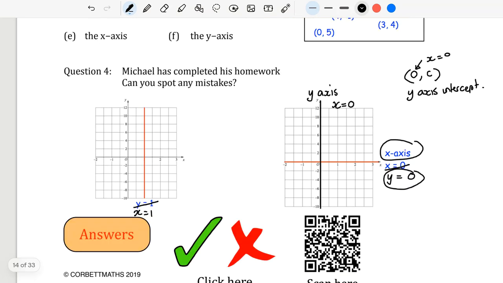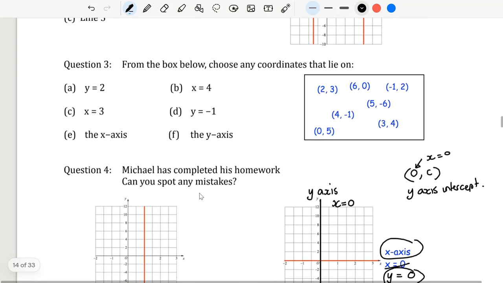Quick one then. What about this question here? From the box, choose any coordinates that lie on y equals 2. So which ones? I just circled this one, negative 1, 2. Is there any others? No. So which one?